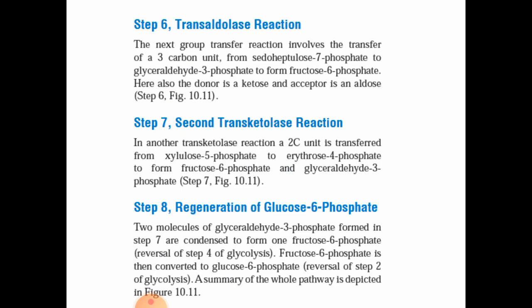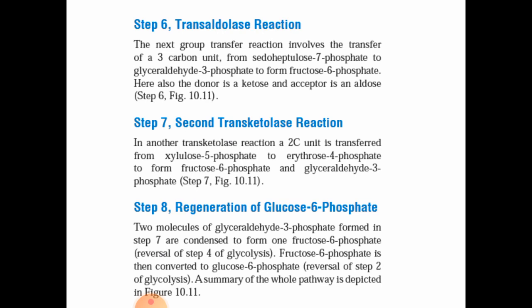Next step is the transaldolase reaction, that is the next group transfer. The reaction involves the transfer of 3 carbon atoms from sedoheptulose 7-phosphate to glyceraldehyde 3-phosphate to form fructose 6-phosphate. The next step is the second transketolase reaction. A 2 carbon unit is transferred from xylulose 5-phosphate to erythrose 4-phosphate to form fructose 6-phosphate and glyceraldehyde 3-phosphate.